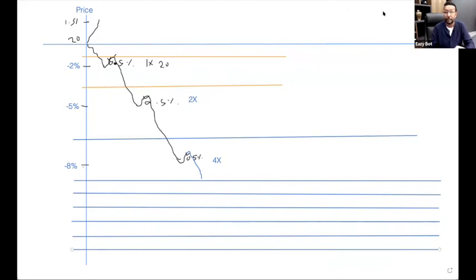The difference between each point and another, between this and this, is about -1%. And likewise, the difference between this and this is -1%, -1%, -1%. So by doing so, we are covering until the last one.